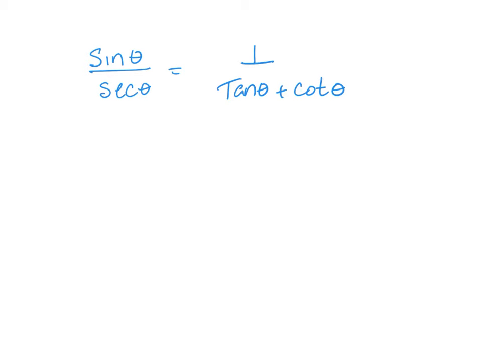So what I'm going to do, and this is a little harder, is I'm going to take this as 1 over sine over cosine plus cosine over sine. Now this is where kids have trouble because they can't remember what they learned in 5th grade on how to add fractions.